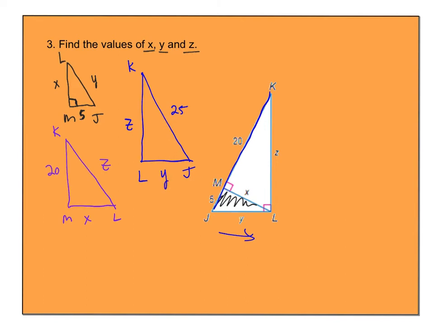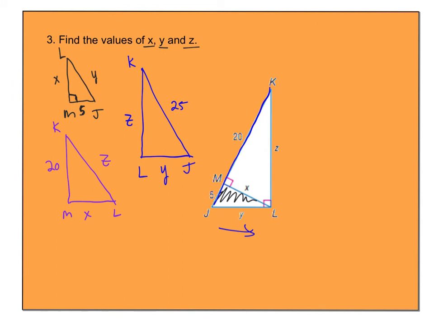Now they want us to figure out X, Y, and Z. I'm looking at these three triangles and trying to see what sides match up. One that sticks out is that I've got X here and 20 here, and 5 here and X here.